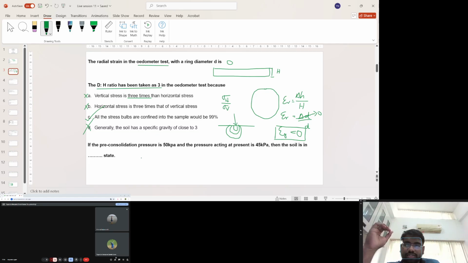It is defined as OCR, over consolidation ratio, which is past pressure, that is the stress experienced in the past, the pre-consolidation pressure, by the present pressure. Here it is 50 by 45, which is greater than 1, and hence it is over consolidated clay. So this is in OC state. Understood?